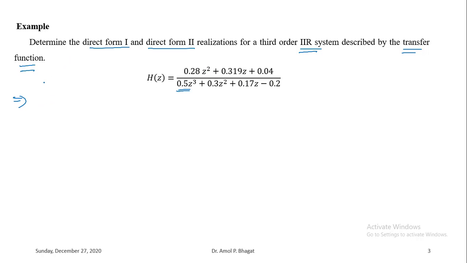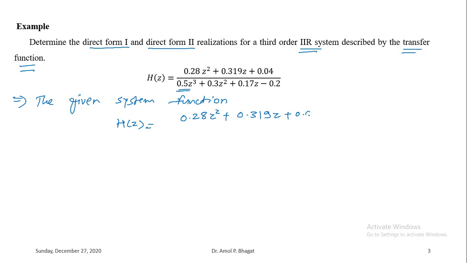For making those adjustments, initially we'll write the given system function. H of z is equal to 0.28 z square plus 0.319 z plus 0.04, whole upon 0.5 z cube plus 0.3 z square plus 0.17 z minus 0.2.